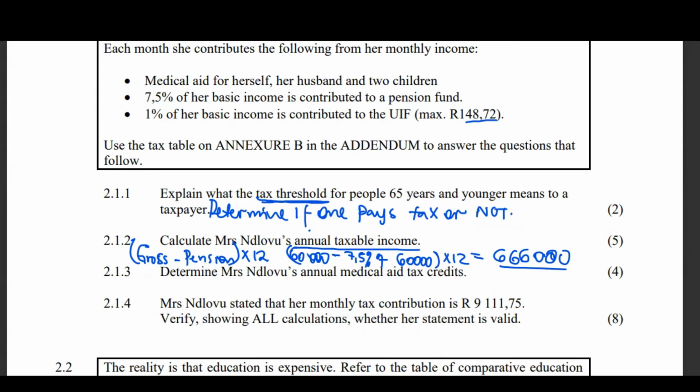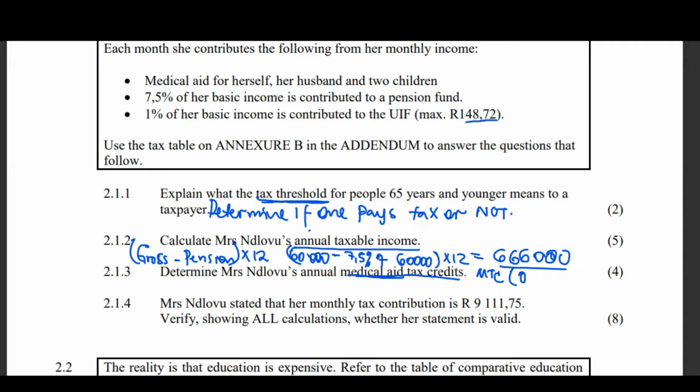Okay, so they say determine Mrs. Ndlovu's annual medical aid tax credits. I will always write them as MTC. This one will depend on the number of dependents.